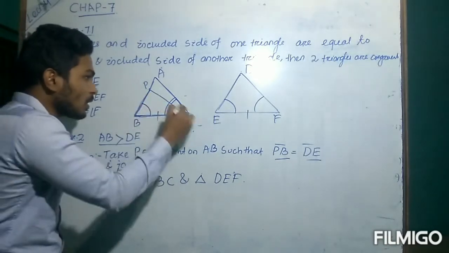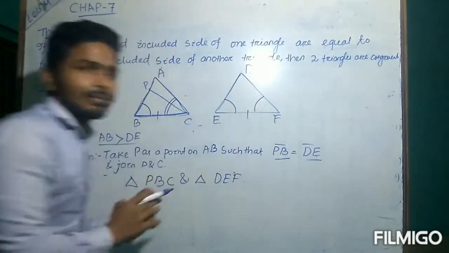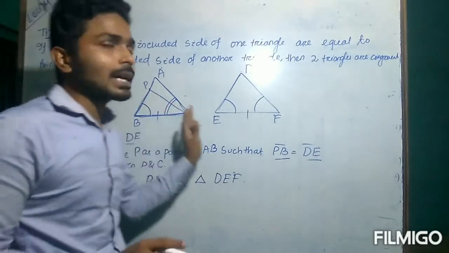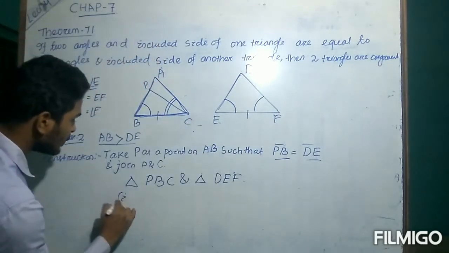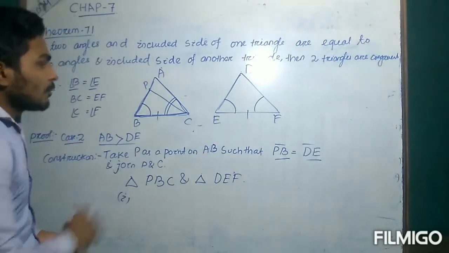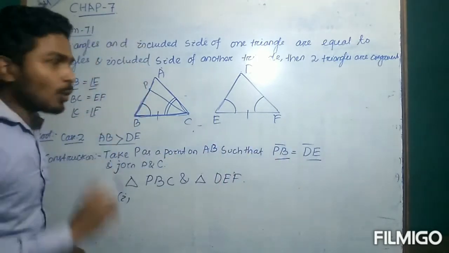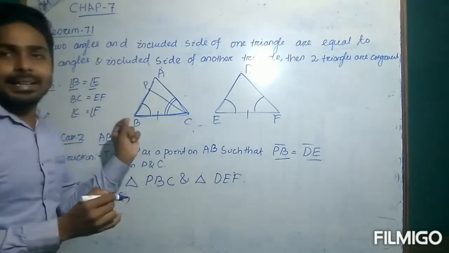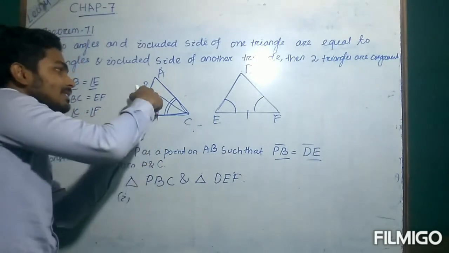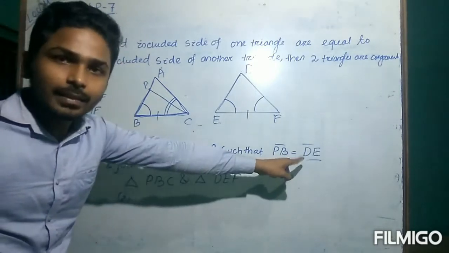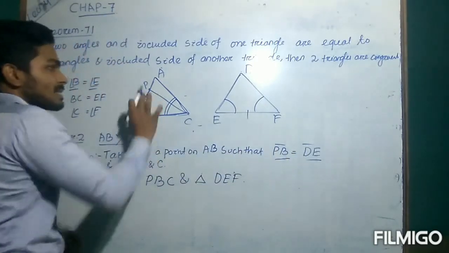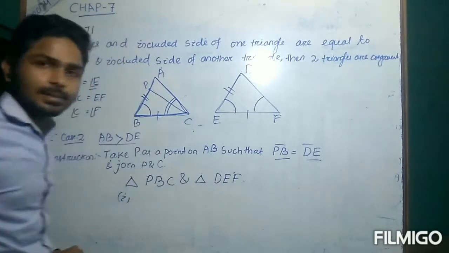We have to compare this small triangle with the triangle DEF. Clear? And prove whether they are congruent or not congruent. Understood? See, from the construction we know that P is such a point that this distance is equal to this distance. We have constructed it. So this distance PB is equal to this distance.